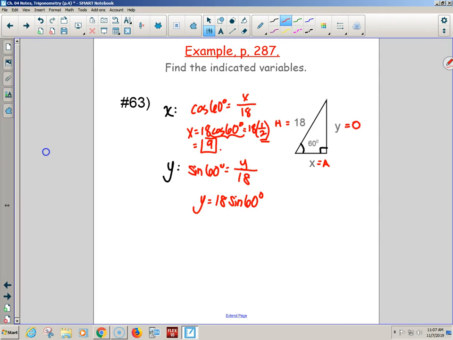So what's this one going to be? 9 rad 3. Why is it 9 rad 3? Because sine 60 is rad 3 over 2.